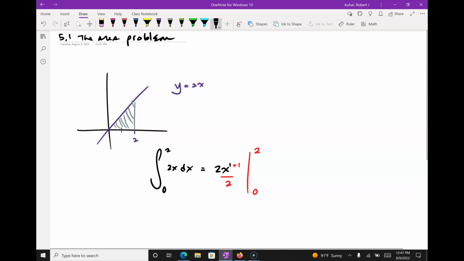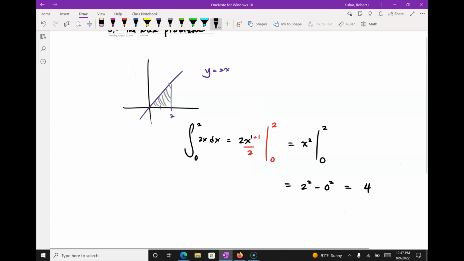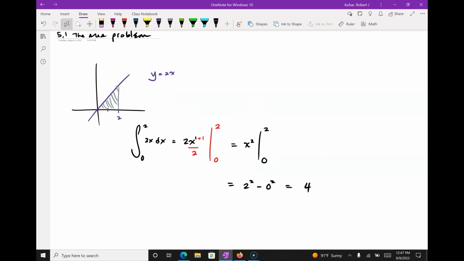This is a new notation for us a little bit. So I get x squared evaluated at 2 and then 0, and then I subtract. So 2 squared minus 0 squared. So I get area of 4. I can double check this with Desmos.